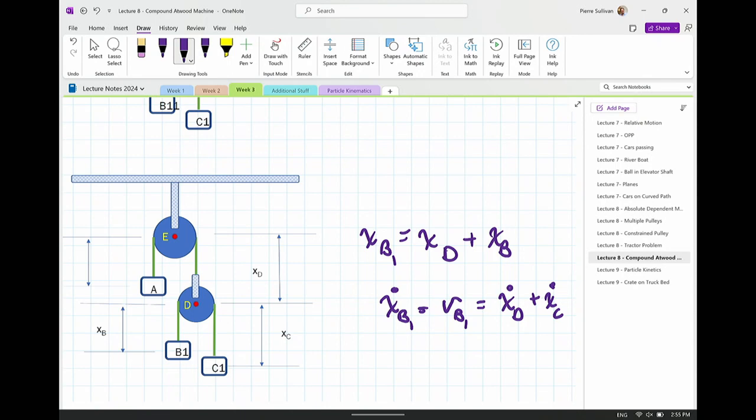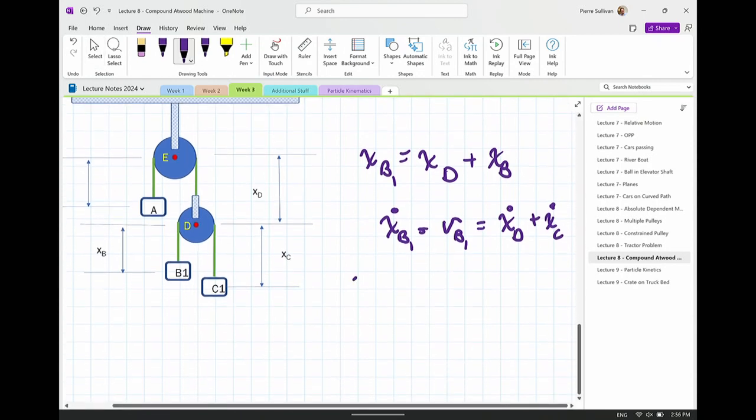And that's how I'm going to, again, bridge between the two pulleys and say, well, xb1 is equal to the total length from that origin at point D. I can define any origin I want. I just need to take into consideration that D is moving. And if D is moving, I can calculate it in terms of VB1.